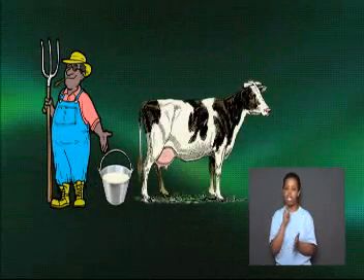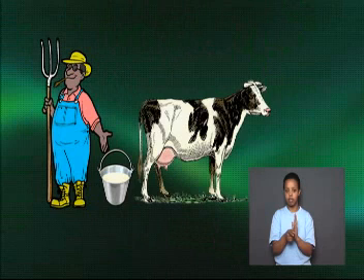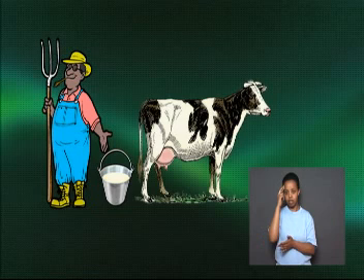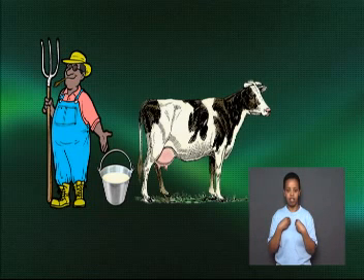For example, dairy cattle only begin to produce milk after they have had their first calf. Therefore, a breed of dairy cow that can produce a lot of milk, but does not have very many calves, would not do the dairy farmer very much good.